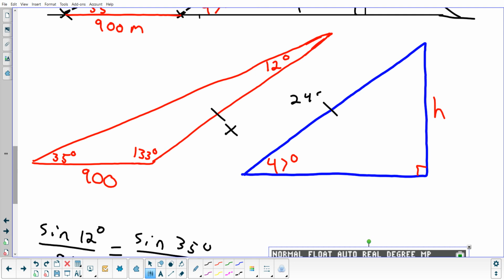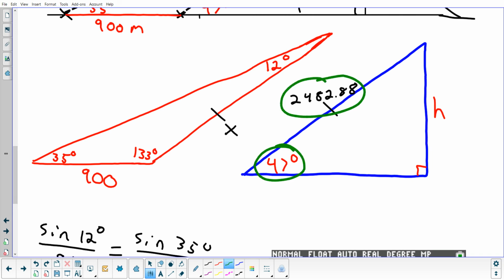So now, you could use law of sines to finish that off and solve for h. But if I have a right triangle, I prefer to just use like SOHCAHTOA or something like that. All right, so let's use this angle, this side, to solve for this side.